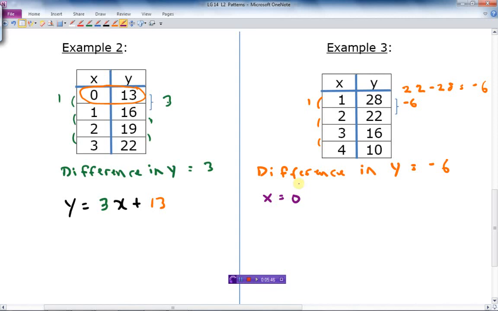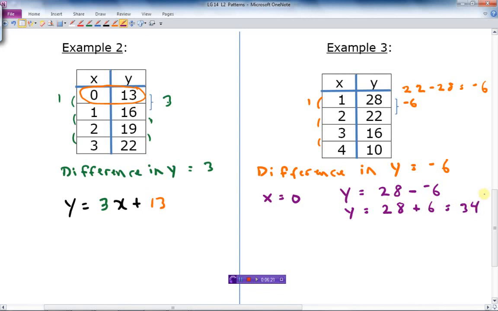Well, basically we're going to take that y value, which was 28. Remember, we always subtract the difference, and the difference was negative 6. In this case, we're going to add 6, because it's going to be 6 bigger. So 28 plus 6, which equals 34.